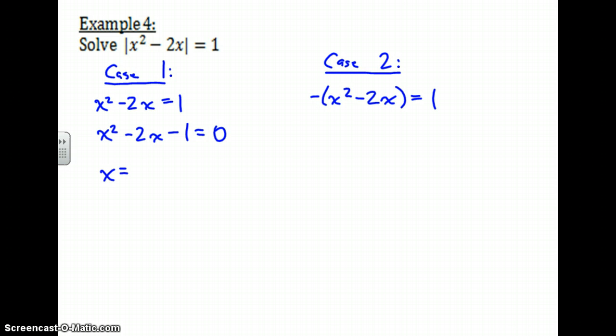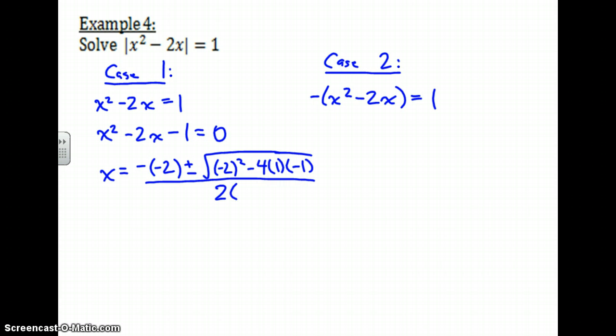So it'll be x equals negative 2 plus or minus the square root of negative 2 squared minus 4 times a, which is 1, times c, which is negative 1, all over 2 times a, which is 1.